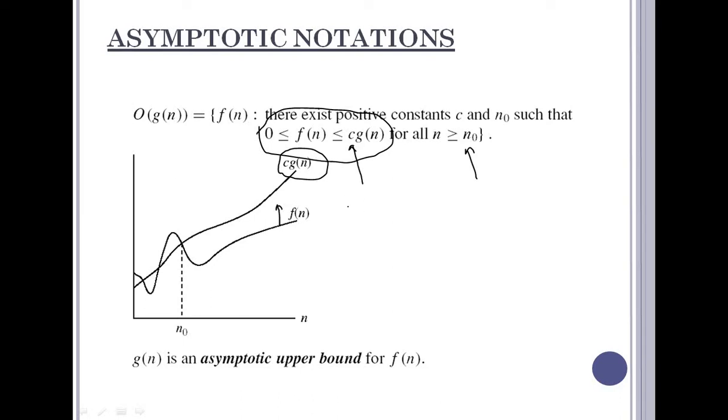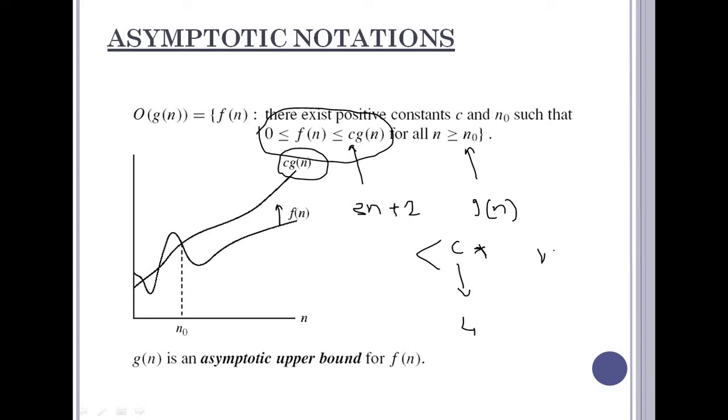So we can take an example over here. Suppose my f of n is 3n plus 2. We have to find the g of n in such a way that c multiplied by g of n is always greater than f of n. Suppose I take c as 4, you can take any value of c.